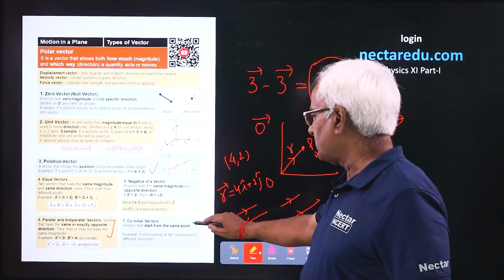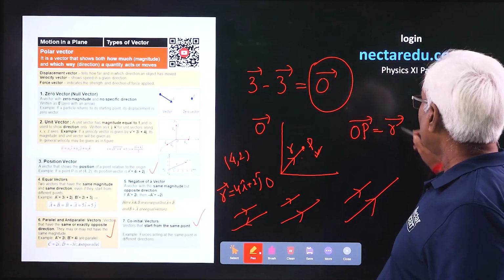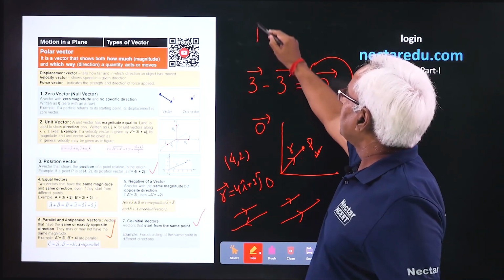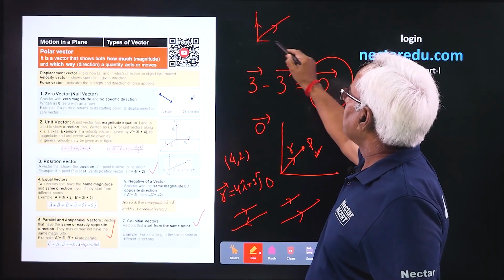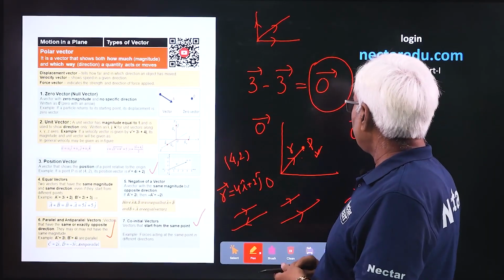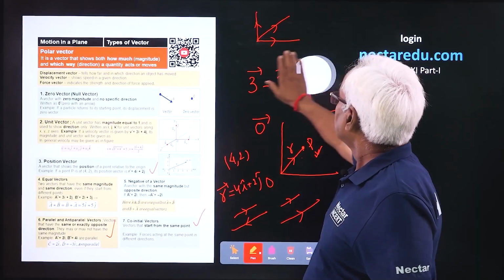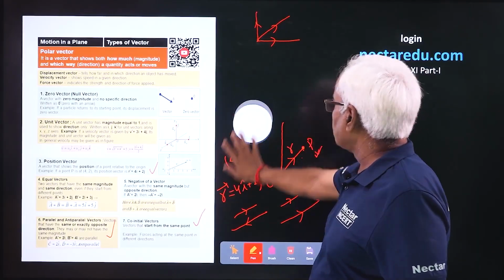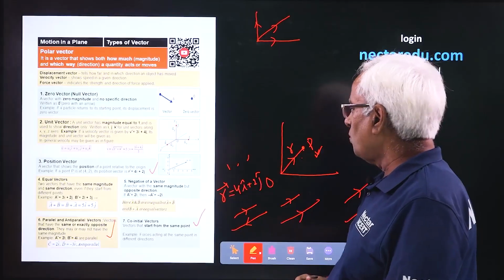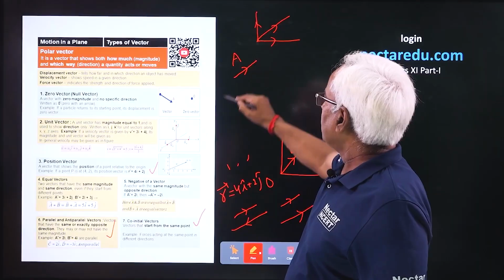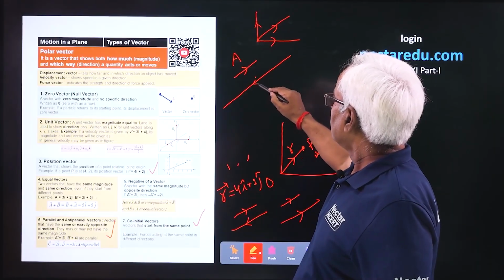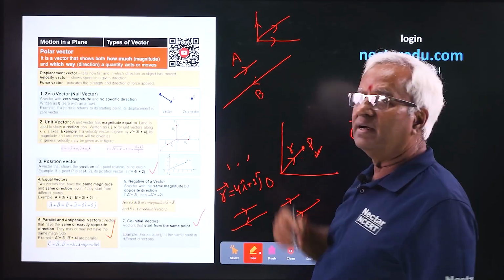When you say the vectors are co-initial, co-initial simply means the starting point shall be one, might be any number of vectors, might be in any direction. If they have the same starting point, they would be known as co-initial vectors. You have one vector A and another vector, they would be anti-parallel.